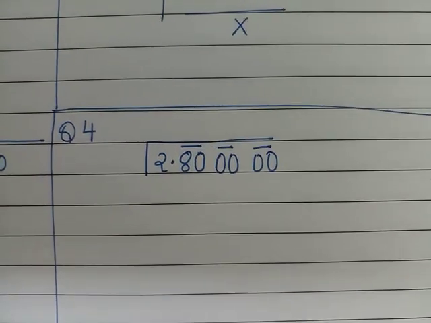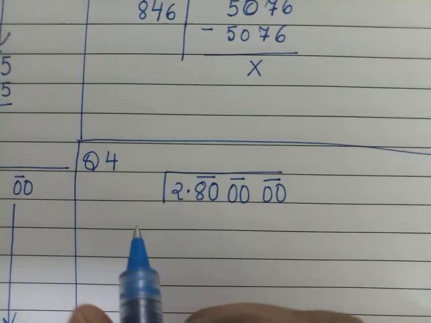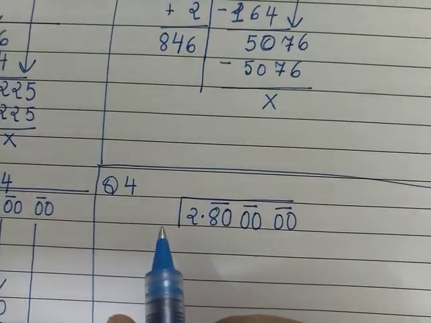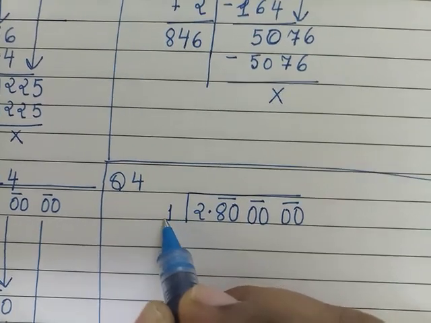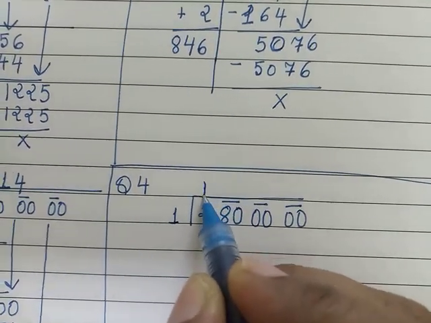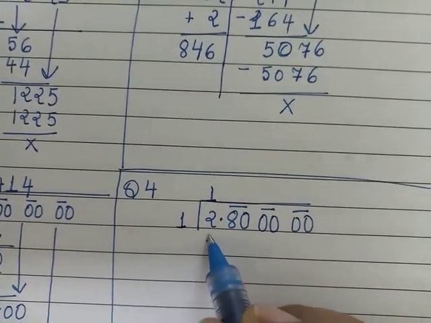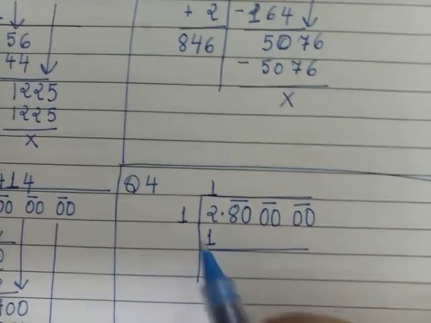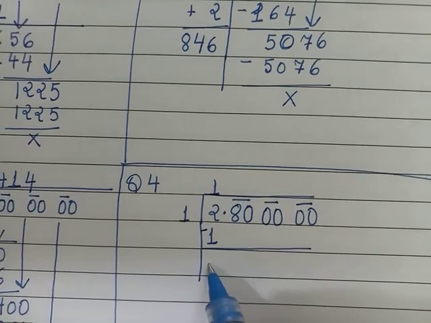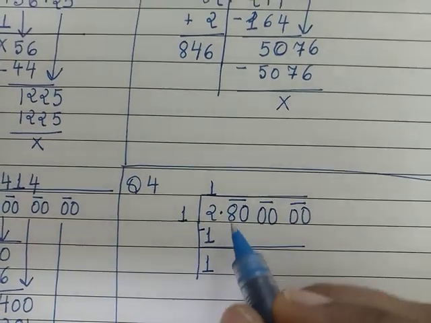Now we start with the square numbers. So which is the square number closest to 2? It is 1. 1 ones is 1. Subtracted, 2 minus 1 will give you 1.